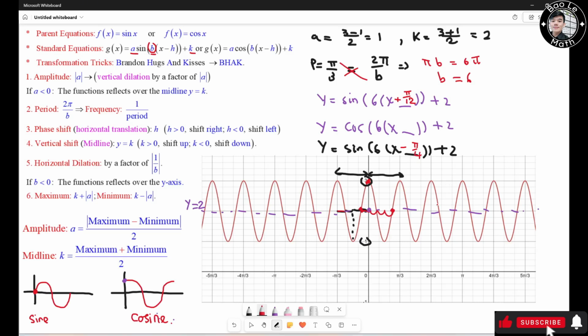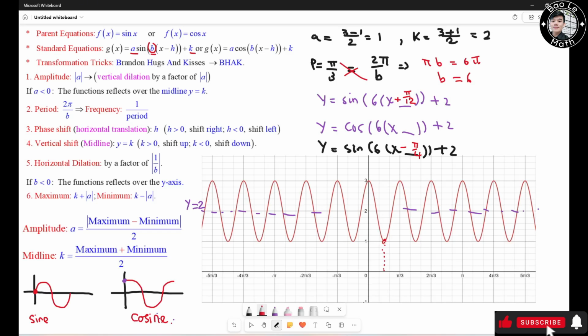Now, what if I write this one in terms of cosine, but I pick a different starting point? So, for example, I pick the starting point right here. Right here is going to be half of pi over 3, which means pi over 3 divided by 2 is going to be pi over 6.